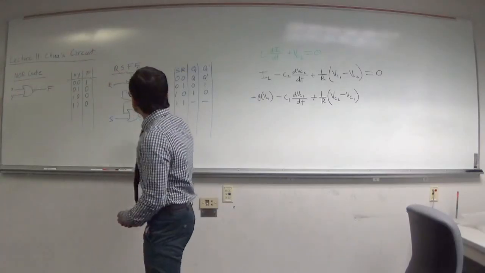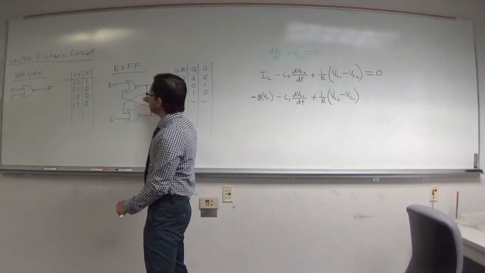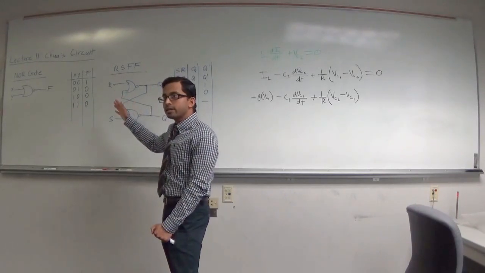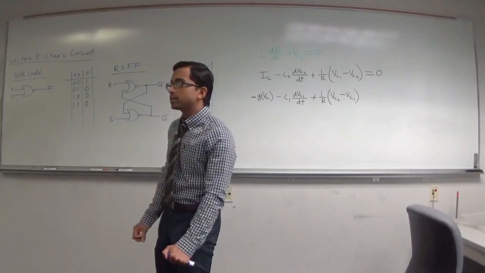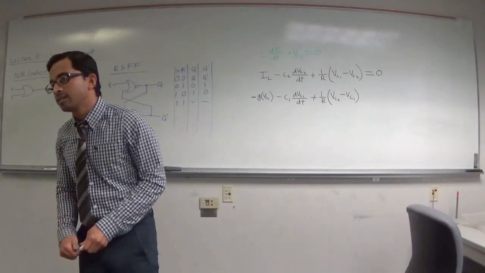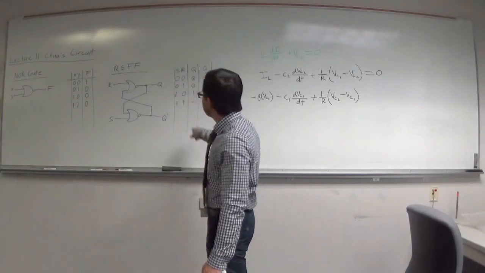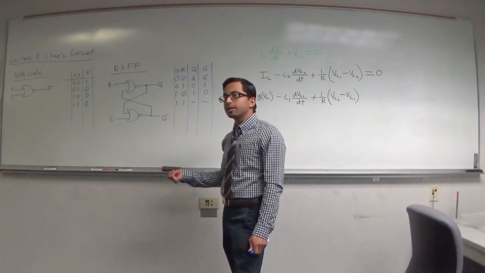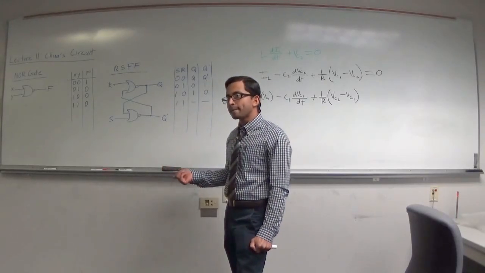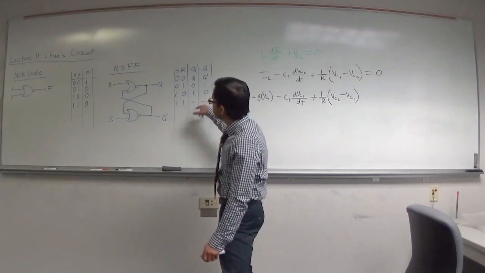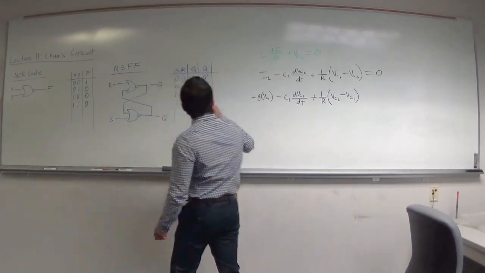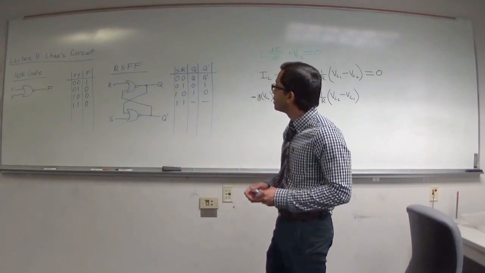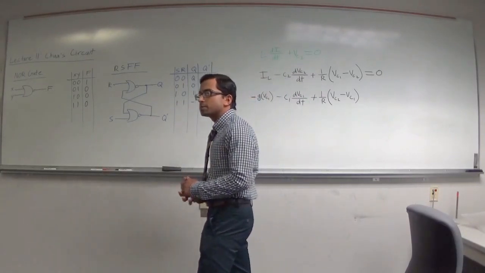So there's always going to be some sort of lag. So what these two bits are is going to depend on that lag. So you can't predict it. So if you have it at 1, 1 and you change it to something, you can't predict what it's going to be. So this is a reason that people stopped using this in industry and people started using other types of flip-flops.